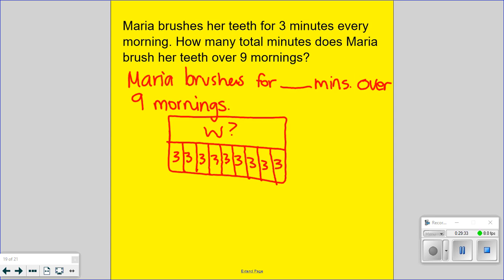What could be my equation? Don't make it harder than it is. Think about what you know. What could be my equation? Rylan? Beautiful. 9 groups of 3 is worth spot saver.